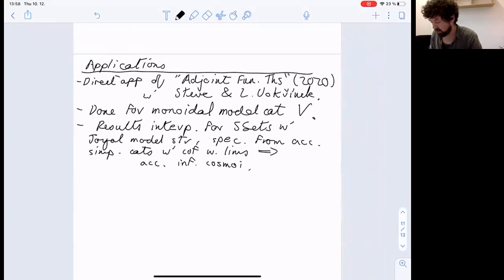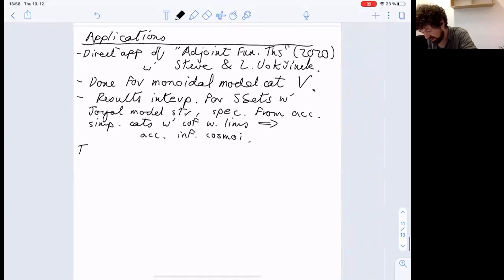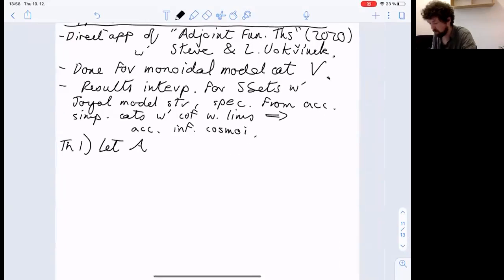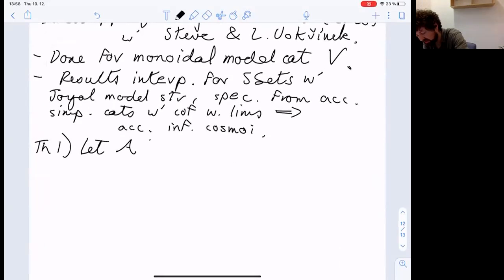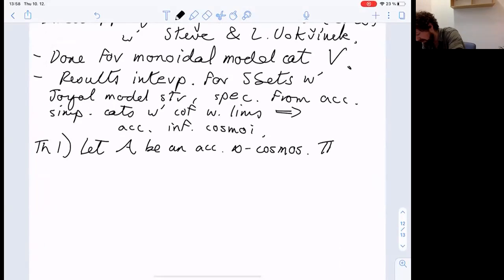Okay, and so our two theorems interpreted in this setting are, well, let me call theorem one the co-completeness one. I won't define the terms properly in this one. I will do so in the second one about the adjoint functors, though the terms I use in this statement will have been defined by Riehl and Verity.